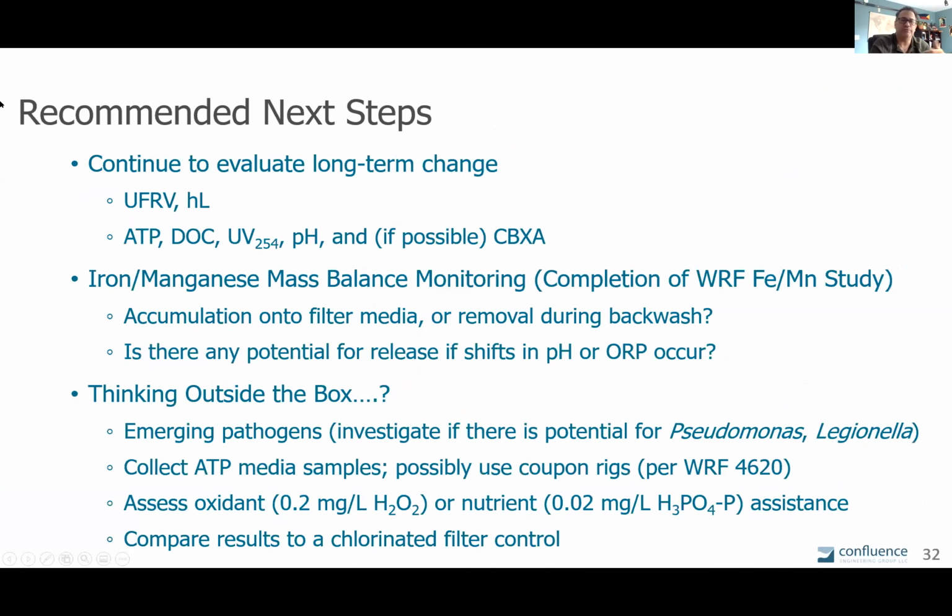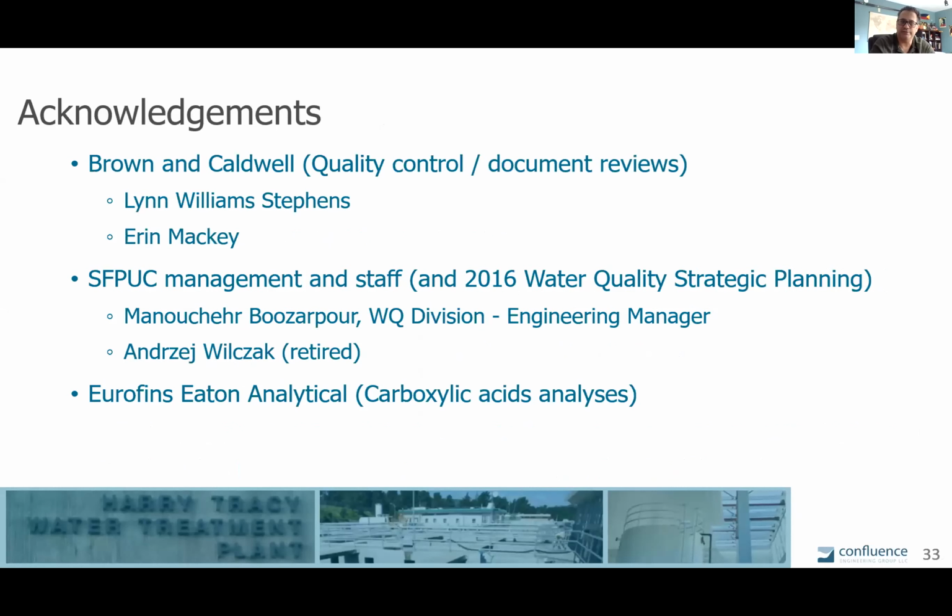It compared well with the literature, and there are things they're carrying on in the future to identify if the filters are removing manganese and iron. They want to look at emerging pathogens, such as whether biofilters could be a harbor for some of these pathogens, and optimizing this monitoring into the future.